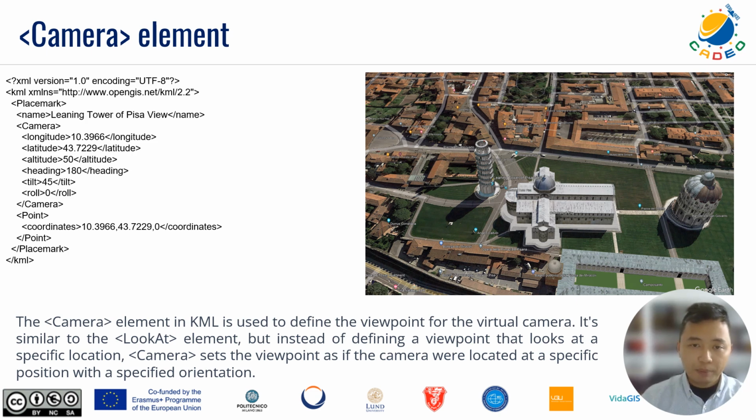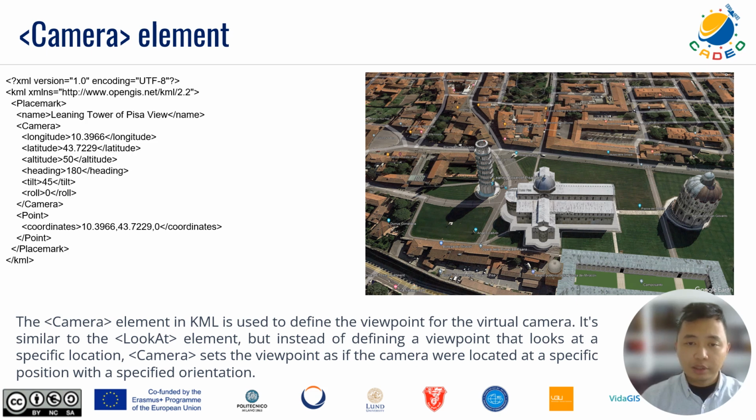So in this example, the camera is used to set the virtual camera at a location near the Leaning Tower of Pisa, with a rotation of 180 degrees, a tilt of 45 degrees, and no roll. You can also adjust the parameters from the code given here to change the viewpoint.